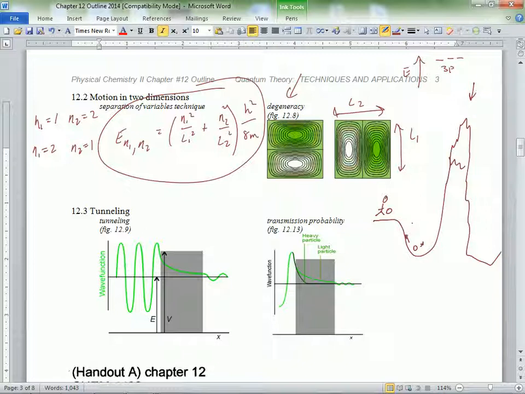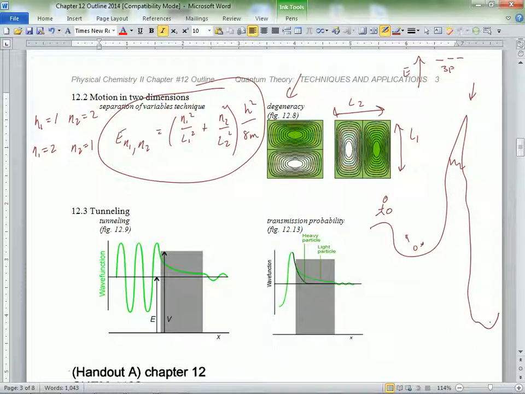There's no way the ball has the energy to go over the mountain and get to the other side, even though on the other side it's even lower. Nature says the ball would like to be down there, at lower potential energy. But it doesn't, right? It doesn't have the energy. It's a ball.